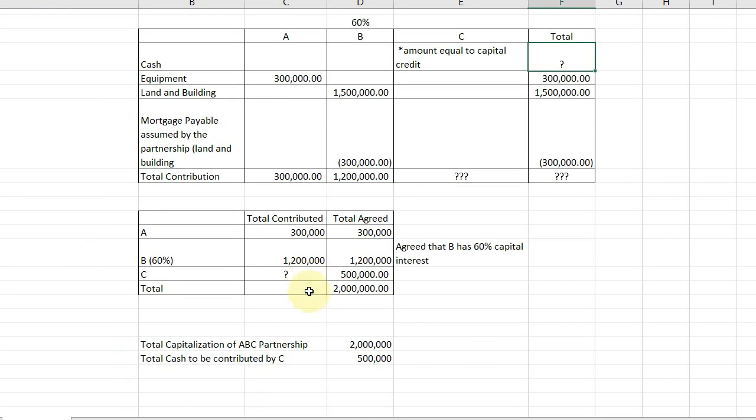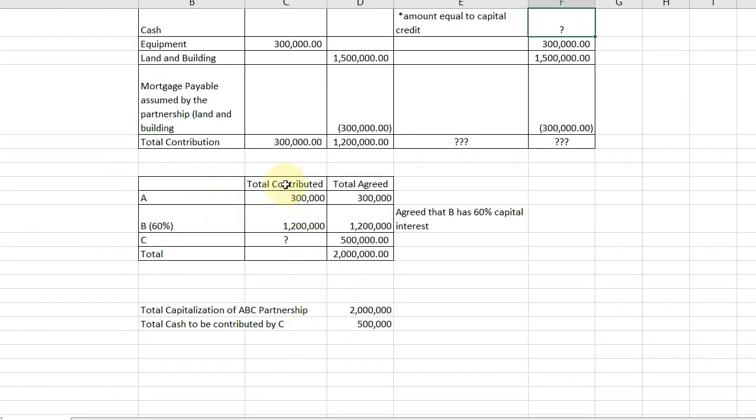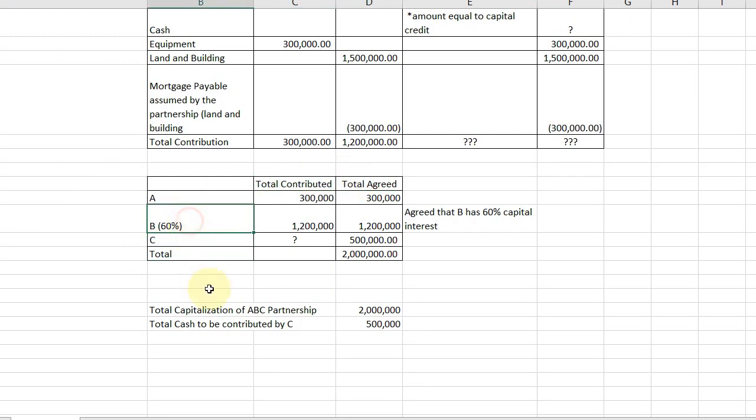Then, we go to the next table, that is this one, the total contributed and total agreed. So, we have A, B, C, total. Nilagay ko yung agreed, 60%, partnership interest ni B. Okay. Total contributed, alam natin si A ay 300,000, si B 1.2, si C, wala pa, naghihintay pa siya ng computation natin. Okay, so, anong gagawin natin? Sino ba mas pinaka-complete?